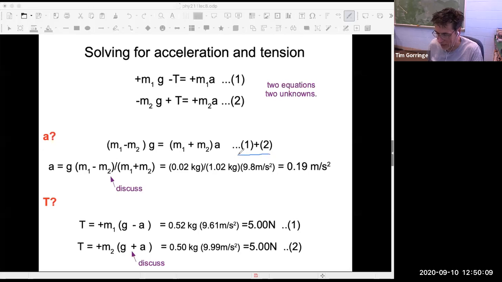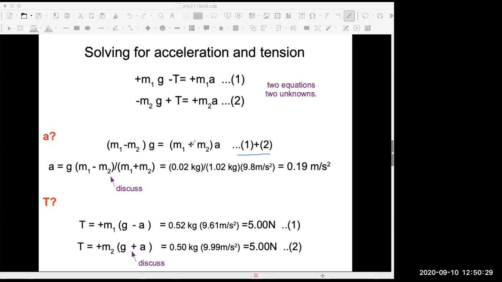I'm going to add together these two equations. Now, what I mean by adding them together is that I'm going to add the left-hand sides together and add the right-hand sides together. And if you've got two equations where the left hands equal the right hands, and then you add them together, well, the summed left hands and the summed right hands must still equal each other. And so that's what I'm going to do.